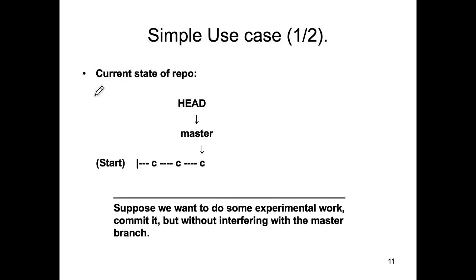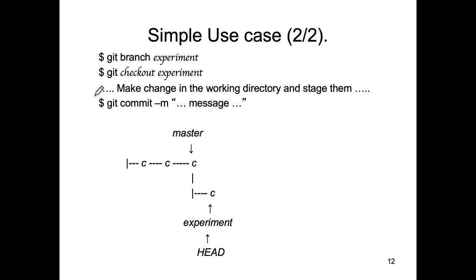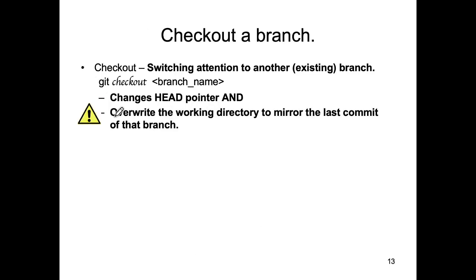I don't know why that jumped. When you do the git checkout, it does overwrite the working directory, and it overwrites it with the snapshot associated with the branch that you're switching to.